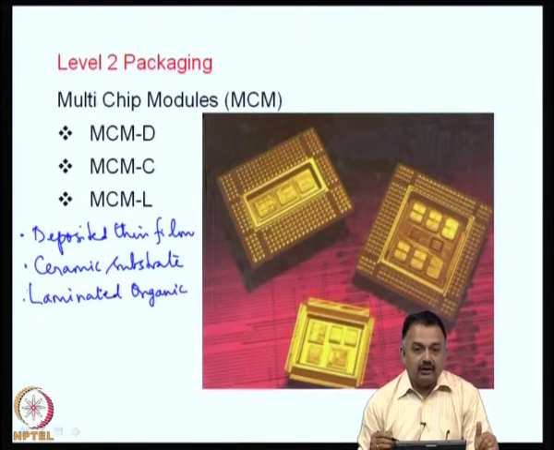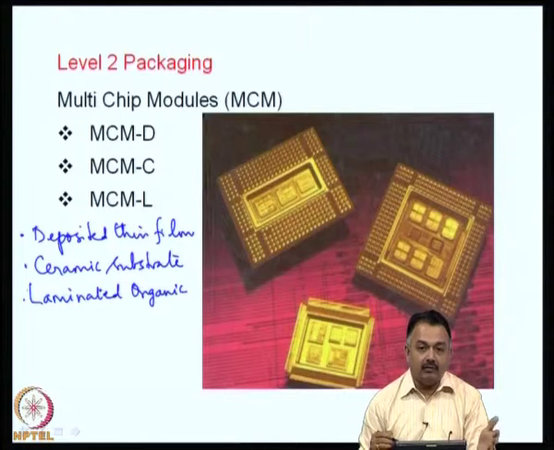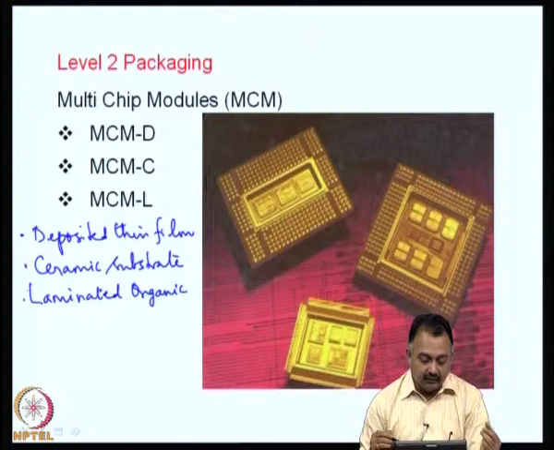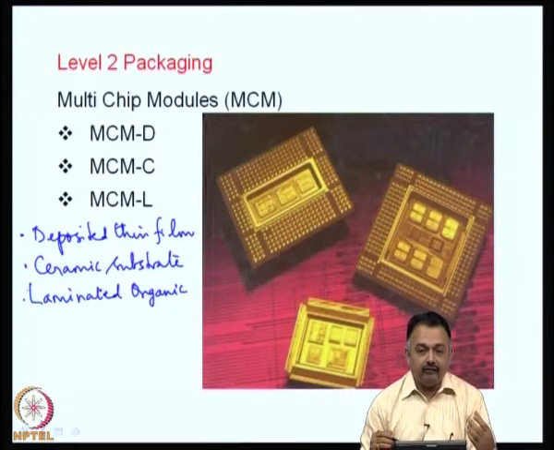Multi-chip modules are not as common as the single chip modules, because it is custom built. Multi-chip modules are not available off the shelf. So, for example, I will give you an instance. If you want to create a multi-chip module on a ceramic substrate, and if you have about 5 dies, so you have to procure or decide which of those 5 ICs are.